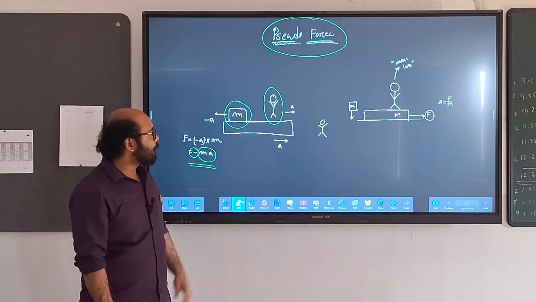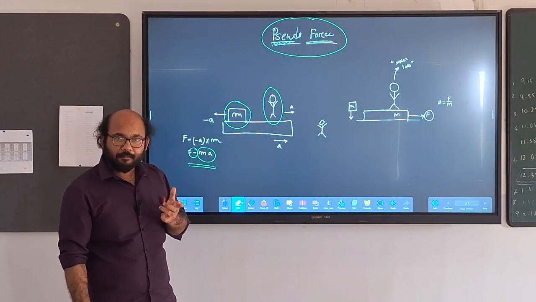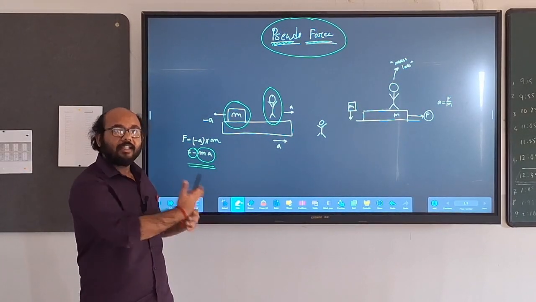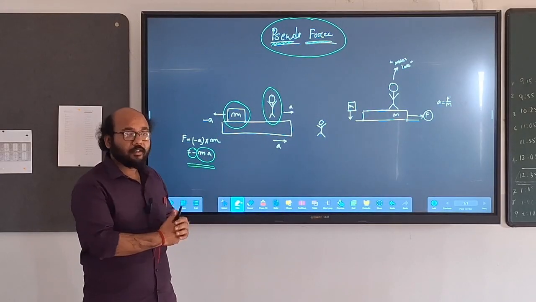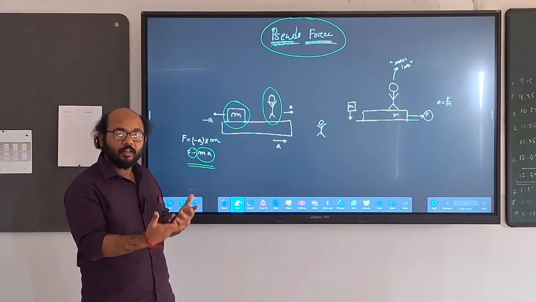We can look at at least one example and see how to apply this concept to actual numerical problems.